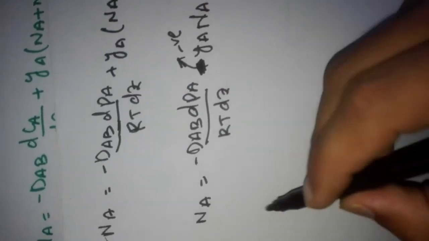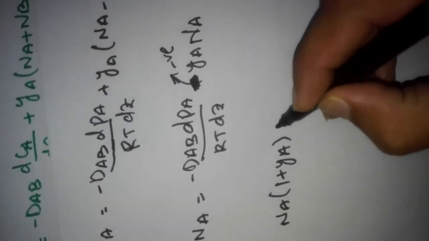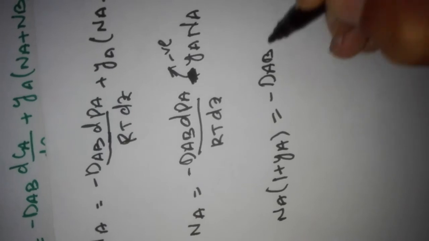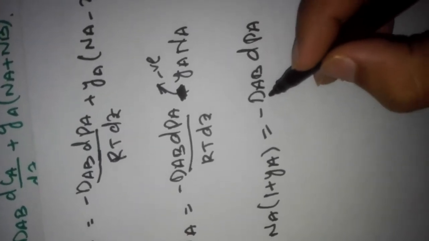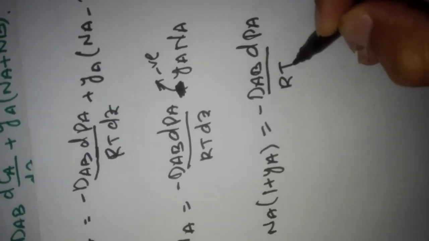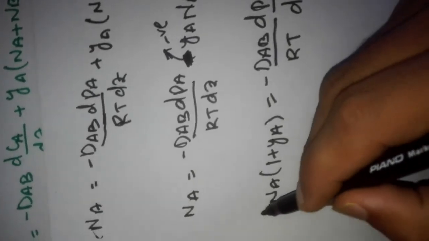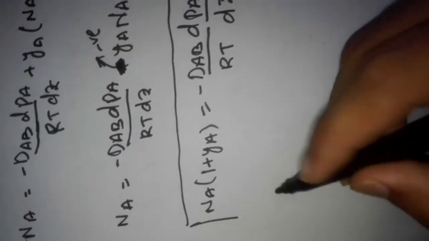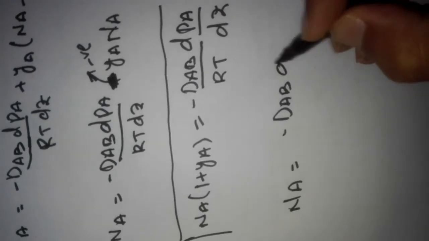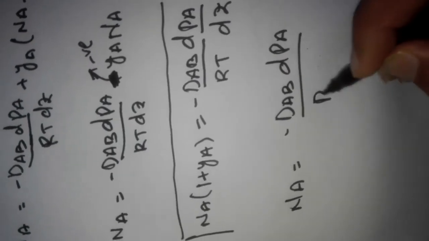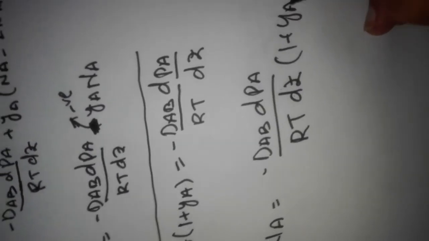So the negative comes to this side, 1 plus Ya into Na equals minus Dab. This is the diffusivity of oxygen and carbon monoxide, and R is the universal gas constant, at constant temperature, change in z direction. So this can further be written as minus Dab dPa by RT dz into 1 plus Ya.